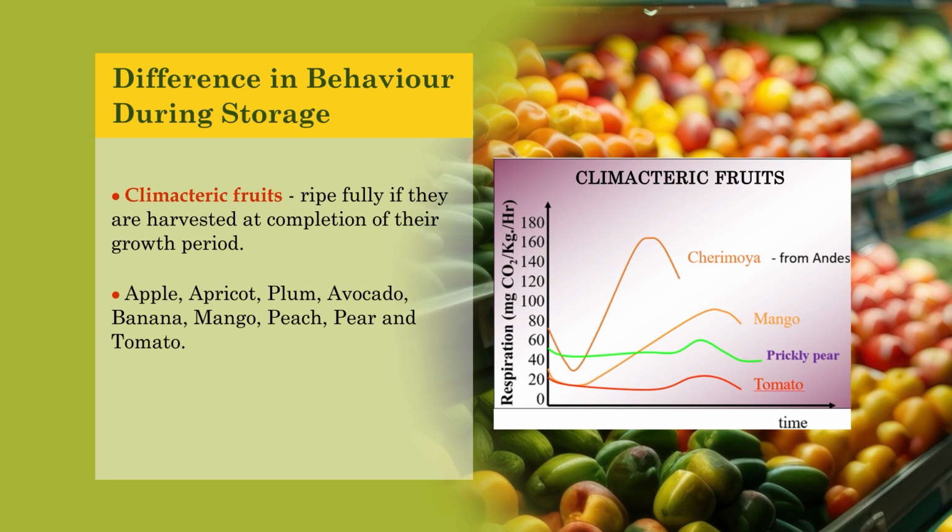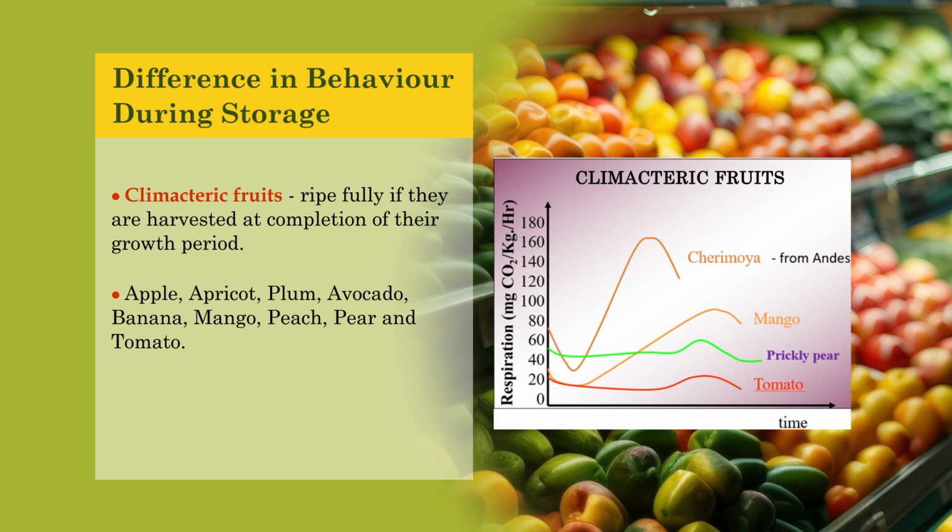So, say for example, climacteric behavior, the respiration, which is on the vertical axis, along with the time. So, there is a definite behavior. If you compare with non-climacteric, you see the respiration rates have a downfall.